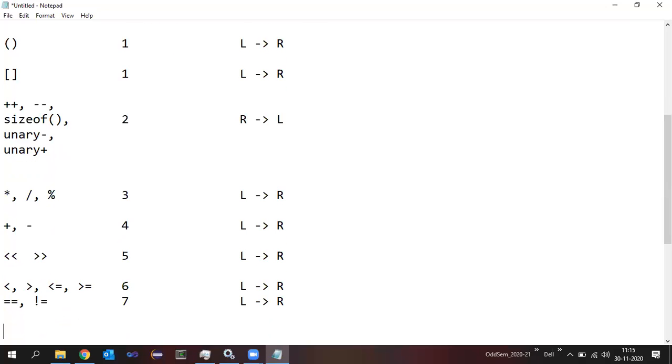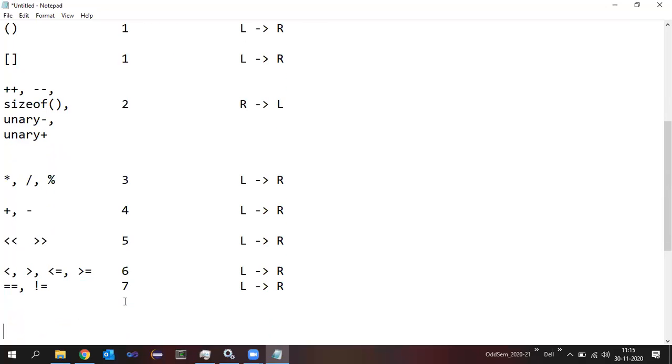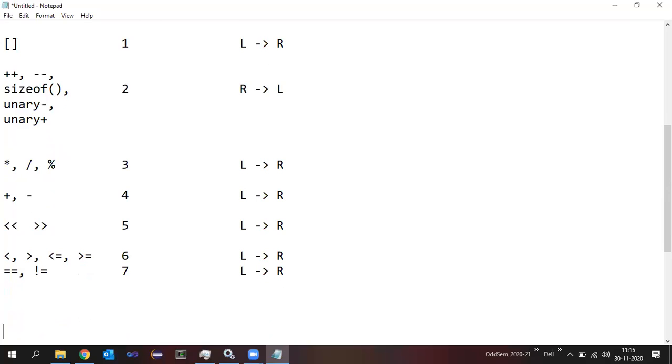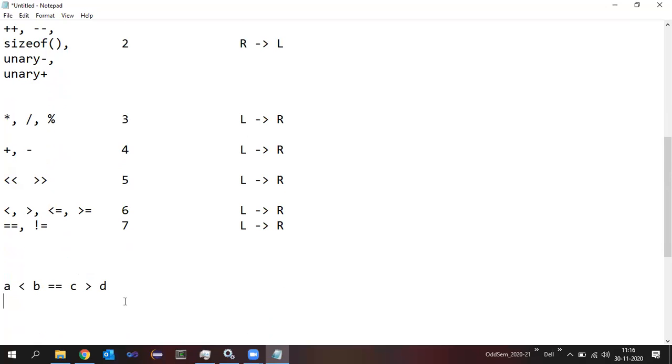Now, let us understand these two things. Say A < B == C > D. This is one statement, and it consists of three operations.